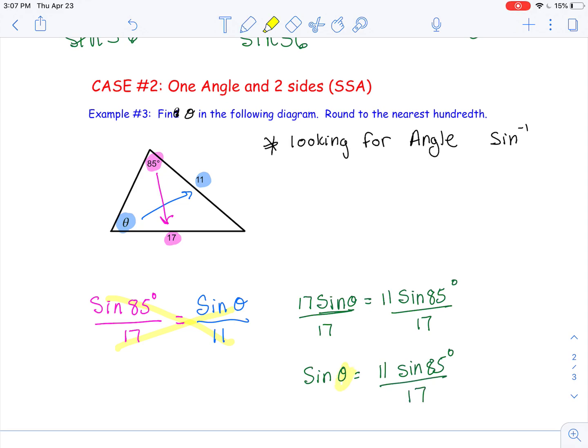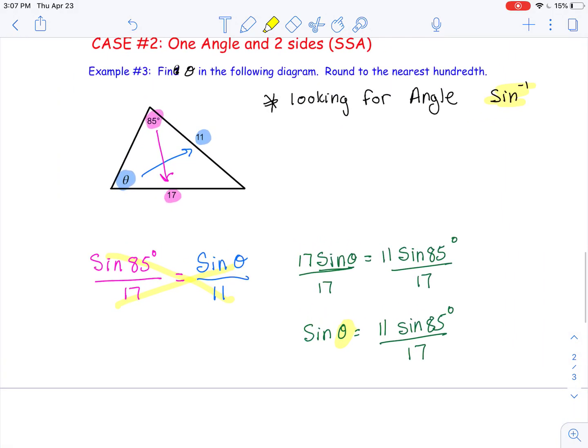So I'm looking for an angle here. So we need to use this sine inverse. So I'm going to rewrite this because in my calculator it's going to look like this. Let me just move that over.